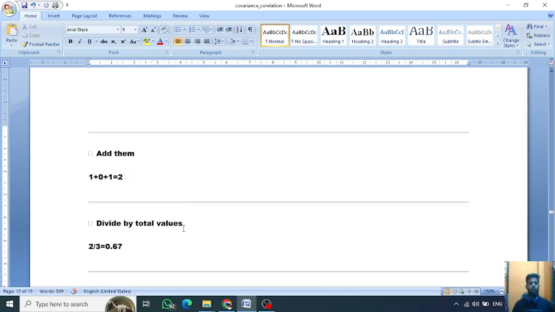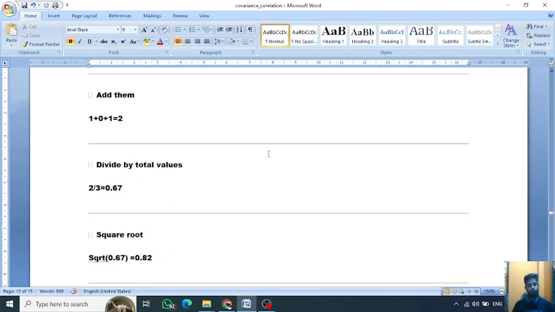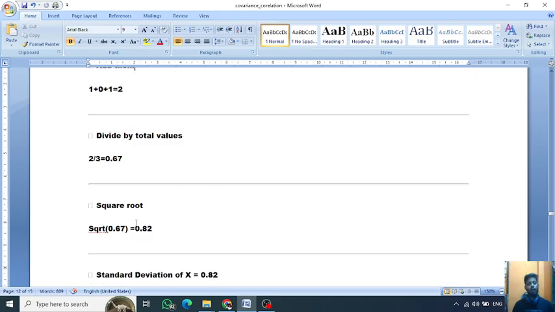Now divide by the total number, I mean find the average. 2 by 3, so 0.67. Now we take the square root of 0.67, that is 0.8. This is the standard deviation of x. This is the way to calculate the standard deviation. In the previous learning video, I already showed how to calculate standard deviation.